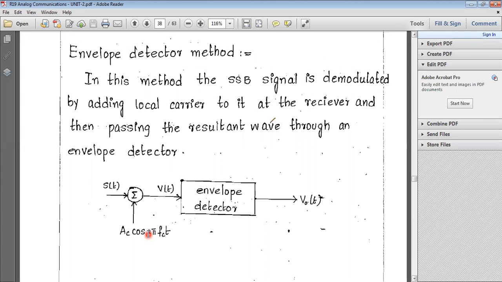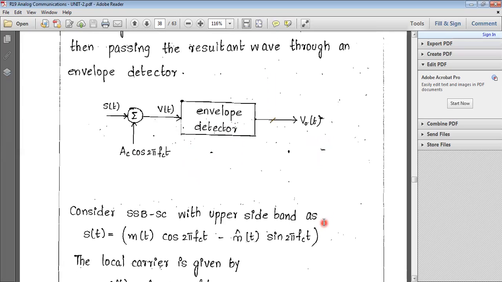So in this method, the SSB signal is demodulated by adding the local carrier to S of t. After that, it is passed through the envelope detector. At the output of the adder, we consider the signal as V of t, which is the summation of S of t and Ac cos 2 pi fct. After passing through the envelope detector, the signal becomes V naught of t, that is nothing but the original signal.